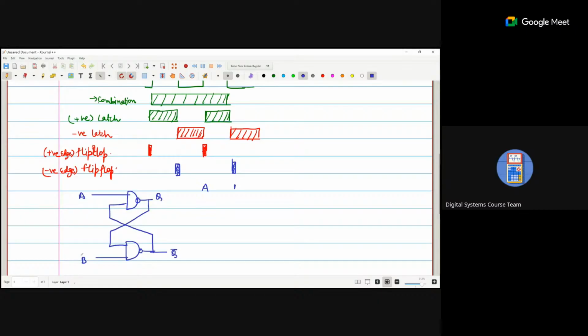According to A and B, we get Q and Q bar. I assume Q is 0, so this one will be 0.